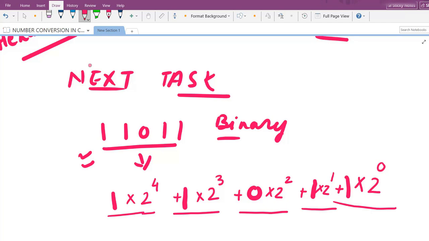I just gave you a simple example of how we are going to solve it.